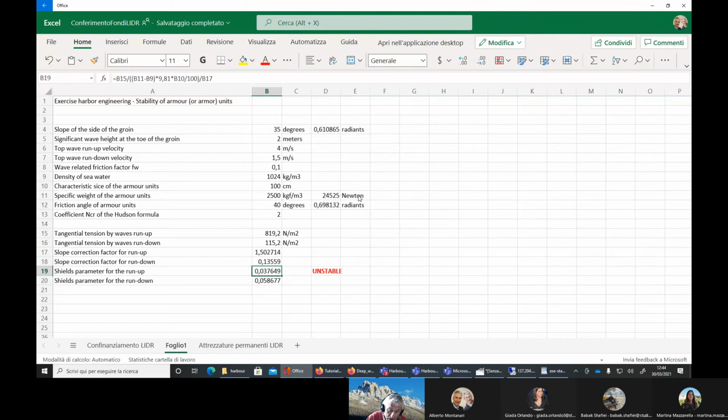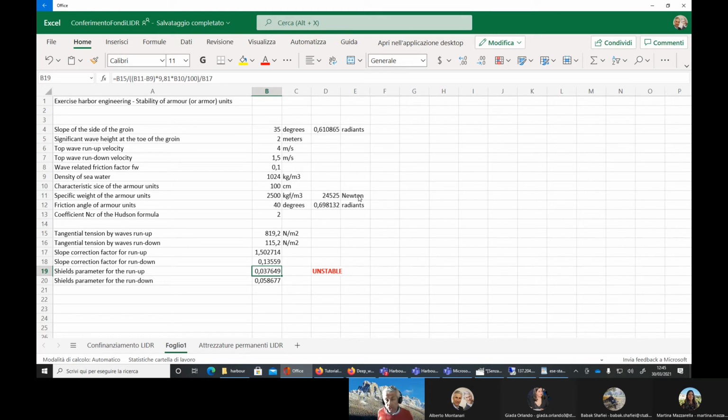And of course, if I incline the side more with respect to the run-up, it becomes more stable, but then it gets unstable for the run-down. So if I increase the slope from 30 to 35, it's already a big change.